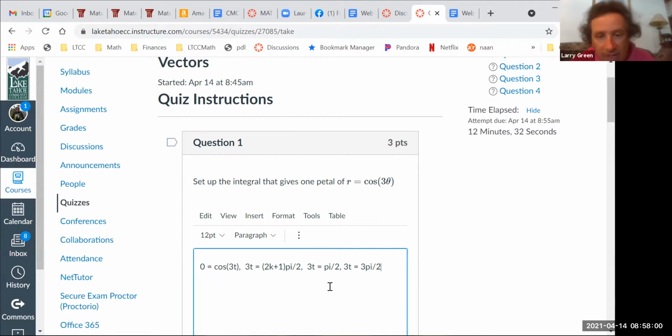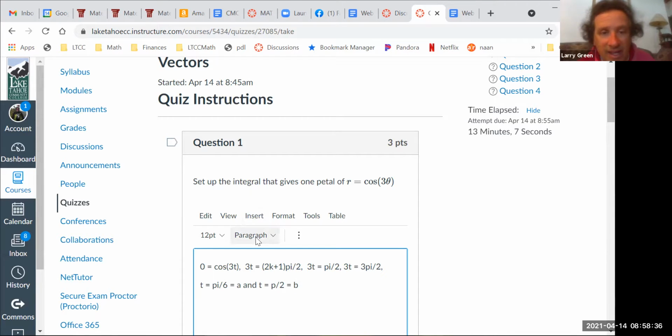Now we can divide by 3. So t is equal to pi over 6, and t is equal to pi over 2. So there's our a and there's our b. Let's call that one a. The other one's b. Any questions so far?